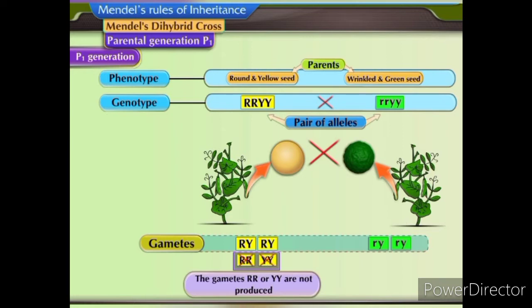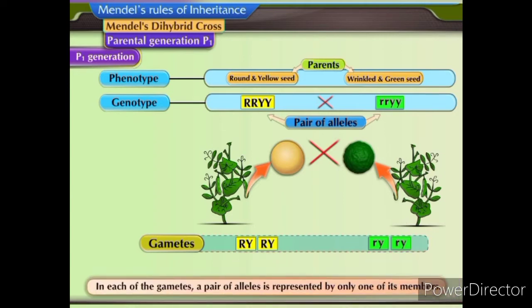Similarly, the other parent rryy produces the gametes ry. The gametes rY or Ry are not produced by them. In each of the gametes, a pair of alleles is represented by only one of its members.